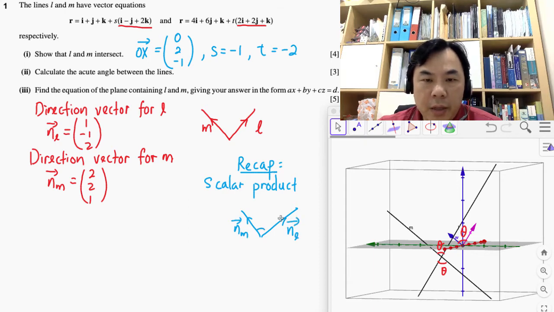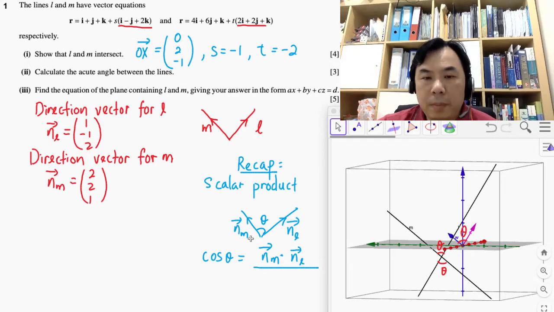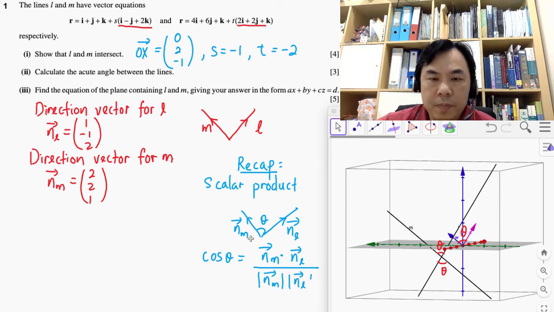The acute angle between the two lines is given here, and by using the scalar product we will be able to obtain the angle between the two lines using this formula, that is NM dot product NL, or sometimes it's called the dot product, divided by the individual magnitudes.